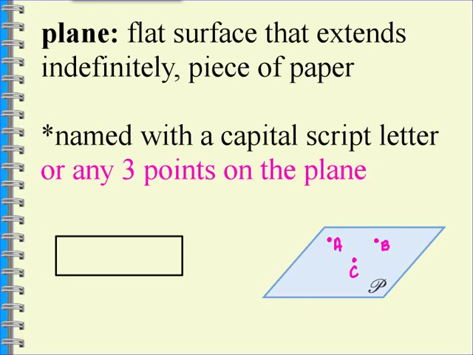Plane ABC is 1, and that's the one with the pink. And then what's the other one? There's another way to name that one. Plane P, exactly right.